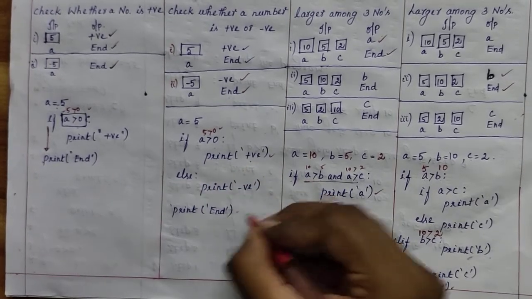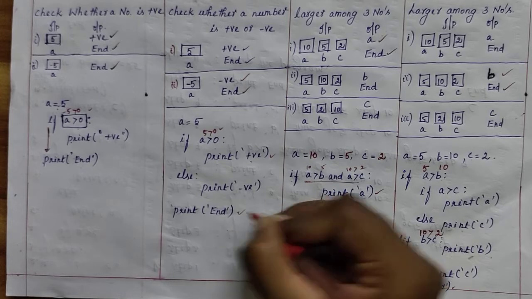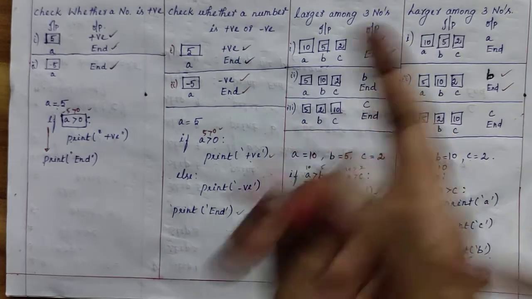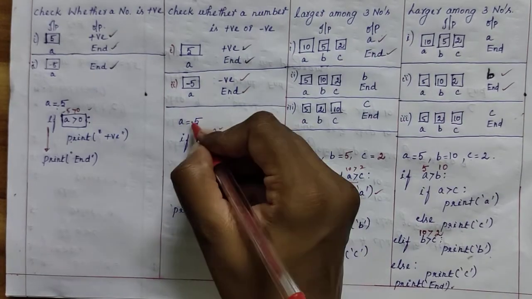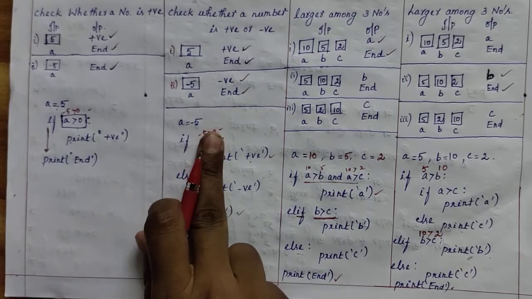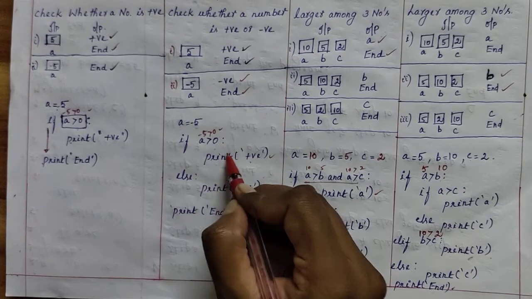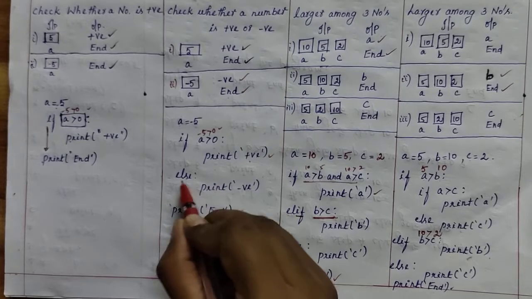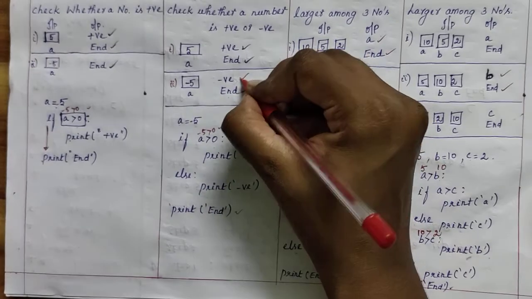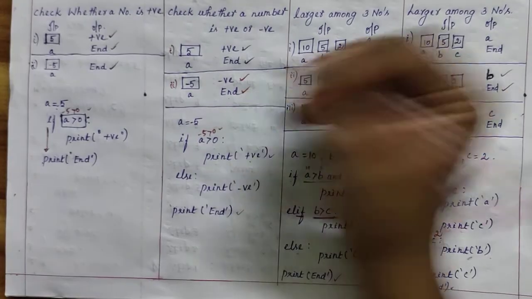Then control comes here and prints end. So positive and end will be printed. In case I give the value for a as -5, is -5 greater than 0? No, the condition is false. Therefore, this statement is not executed. The statement within the else block will be executed, so we get the output negative and then end.